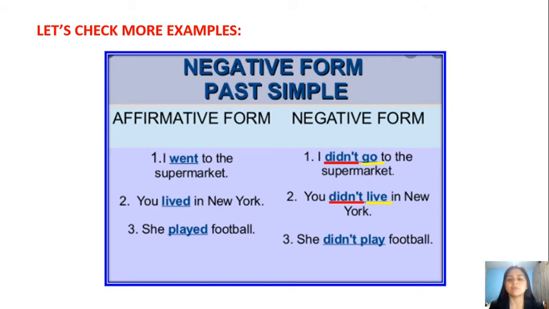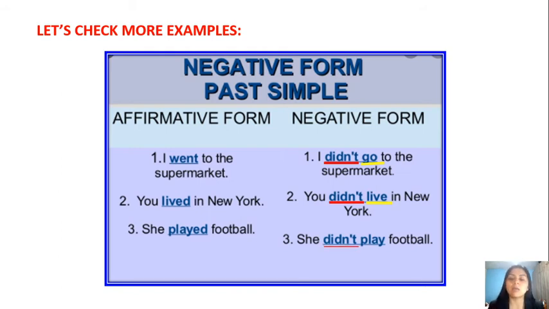Let's continue with number three. She played football. You can say yesterday, last week, last weekend, when she was at school, she played football. This is positive. And number three, negative, is she didn't play football, right?